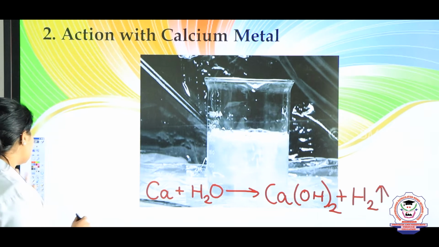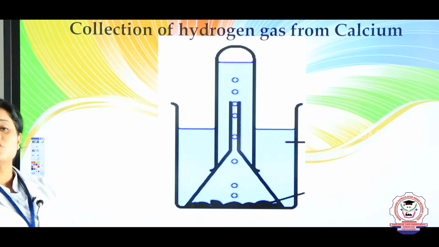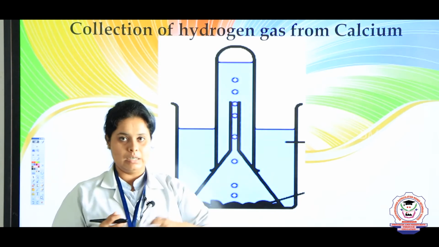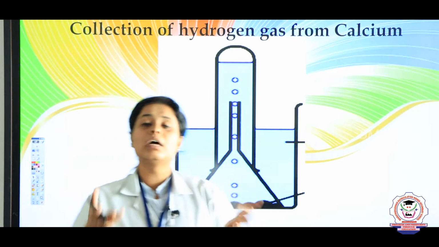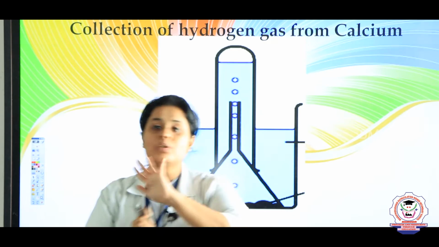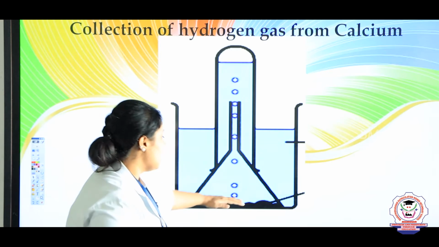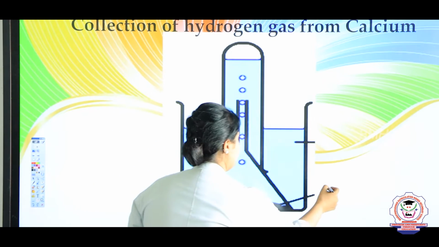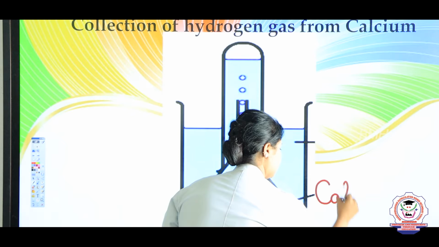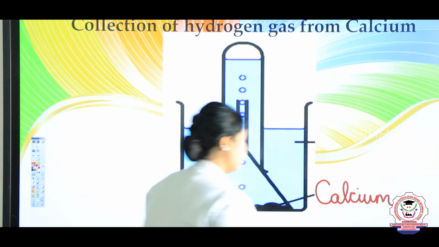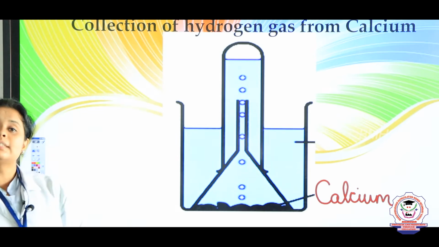Same way, from this reaction, if I want to capture the hydrogen, again I will take the metal. Now I do not have to add amalgam to it, that is, I do not have to add mercury. Directly I can take my calcium and keep it here. You have taken the calcium and you are putting it inside the water.